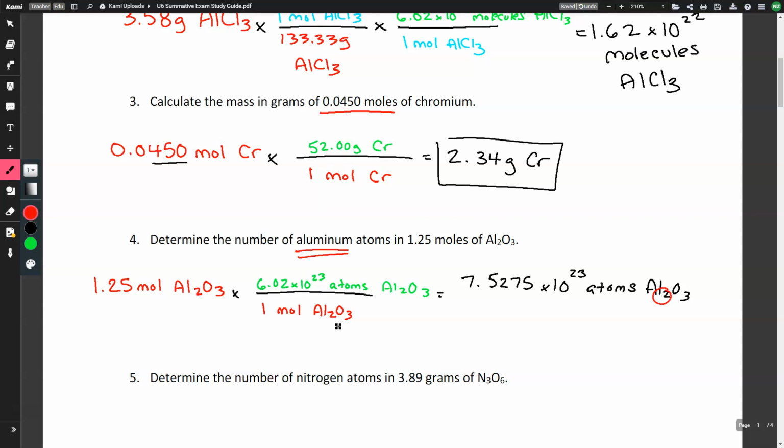So in the molecule, we have two aluminum atoms per molecule. So we need to multiply this by 2. So when we multiply that, we get 1.51 times 10 to the 24th aluminum atoms.